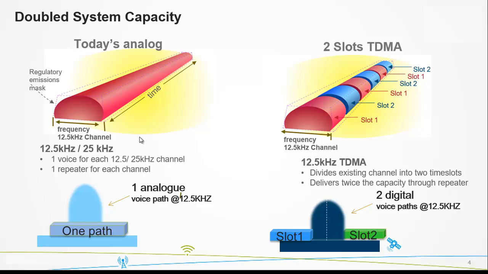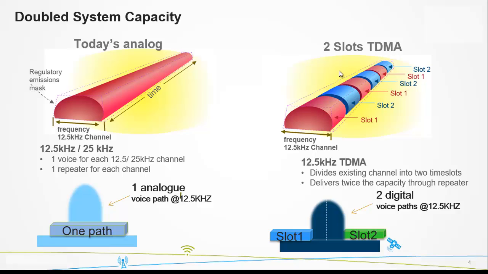So that frequency is being used all the time. But in TDMA, that same frequency is divided into slots. As you can see on the right, this part of the frequency is being used, red, but the other one is not being used. So what if only one channel is being used?